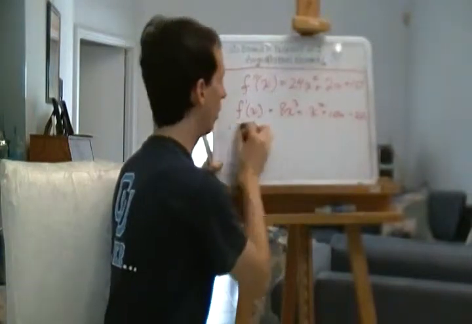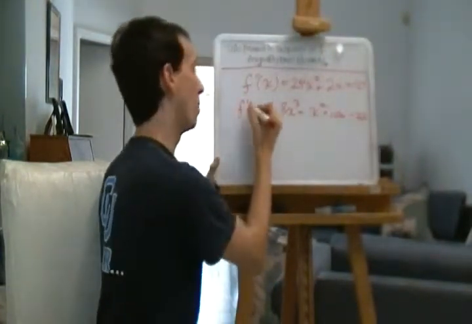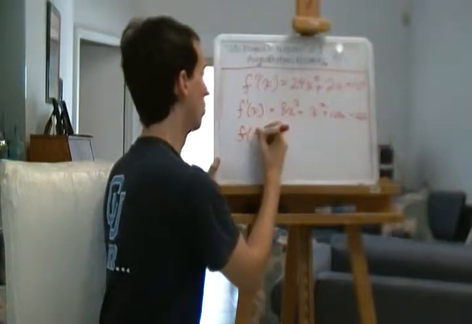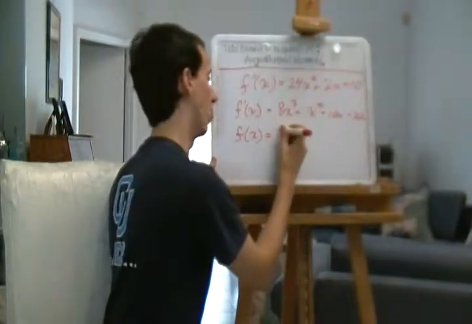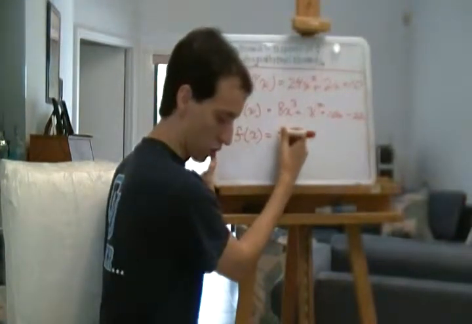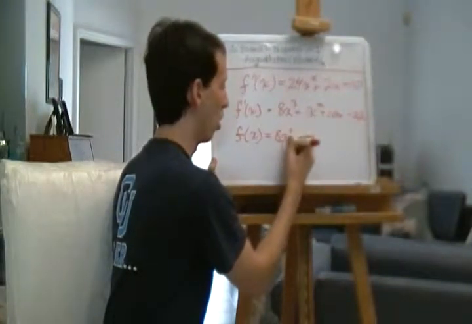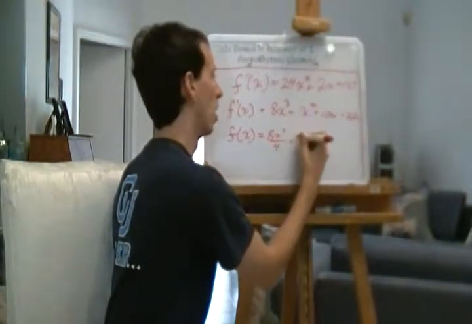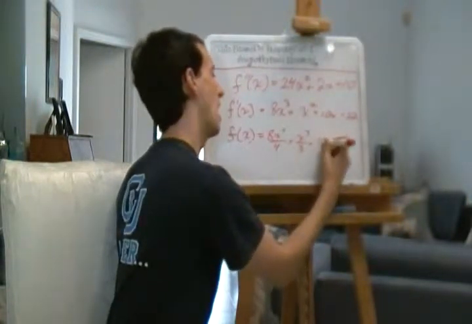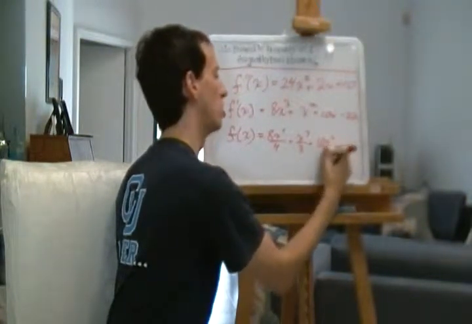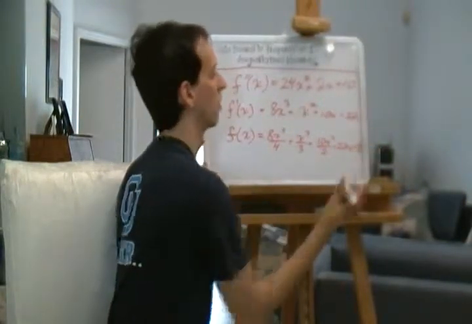We're going for the original function now, f. If we go from f prime of x to f of x and apply the same strategy, you're going to get 8x to the 4th over 4 plus x cubed over 3 plus 10x squared over 2 minus 22x plus d.